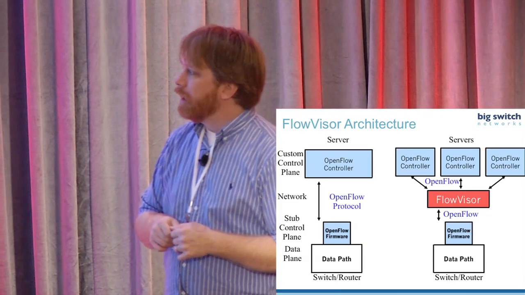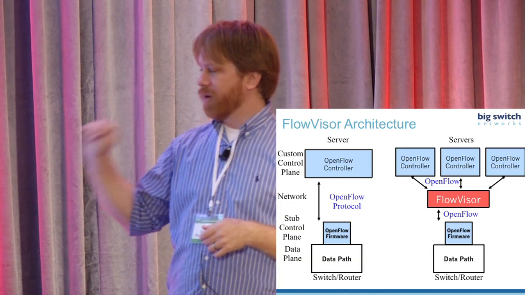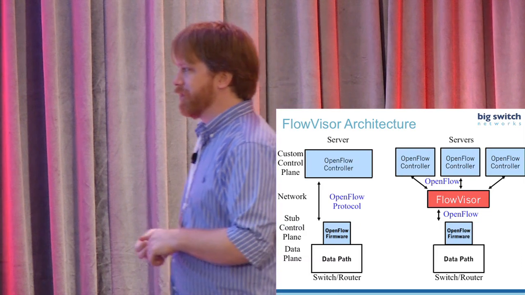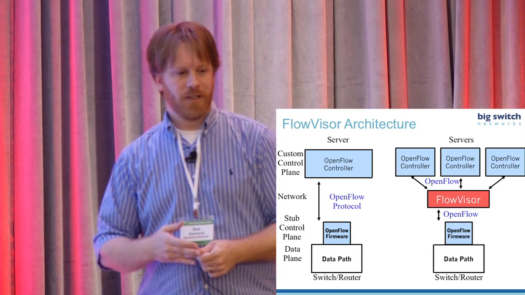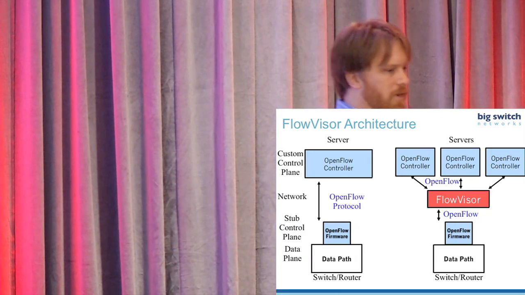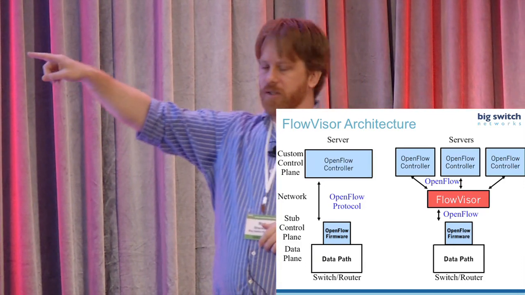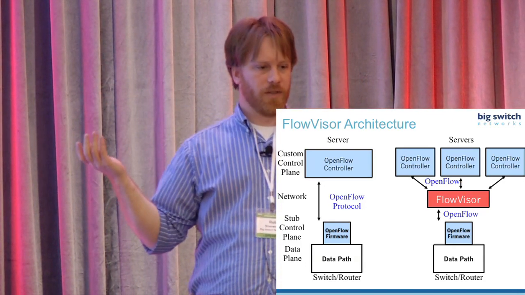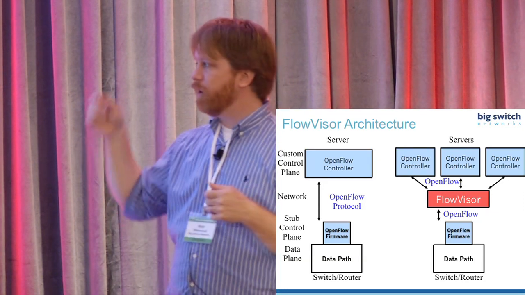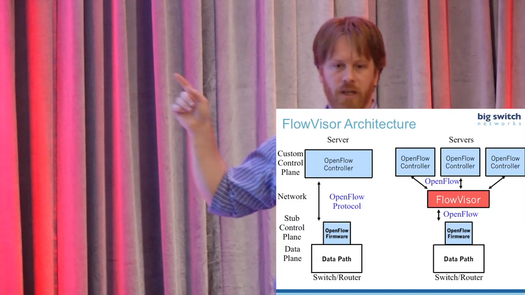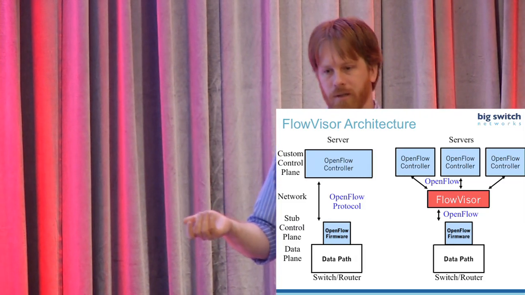FlowVisor is effectively a transparent OpenFlow proxy. When I'm not feeling very generous about it, I call it NAT for OpenFlow. It's kind of the same idea. The switch on the bottom is talking to the FlowVisor as if it was the only controller in the network. And then the FlowVisor is, again, speaking OpenFlow back to controllers, saying, hi, I'm a switch.